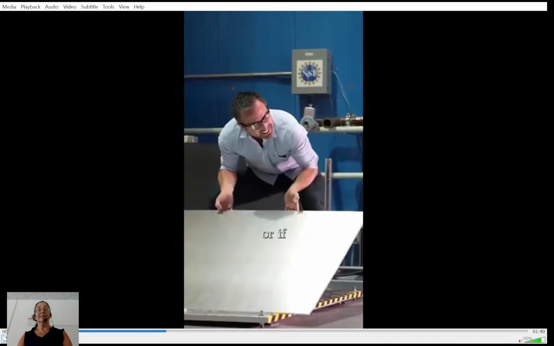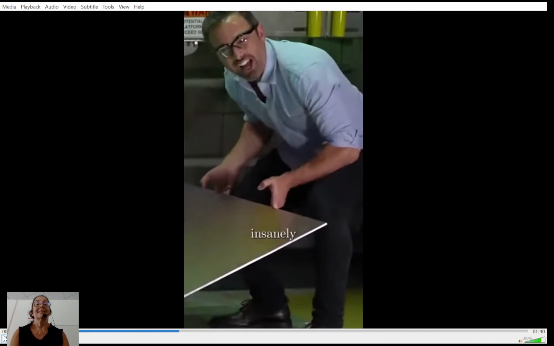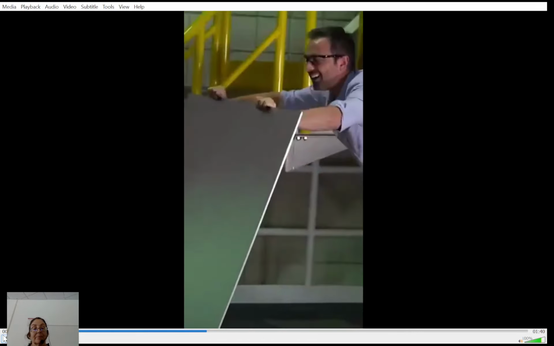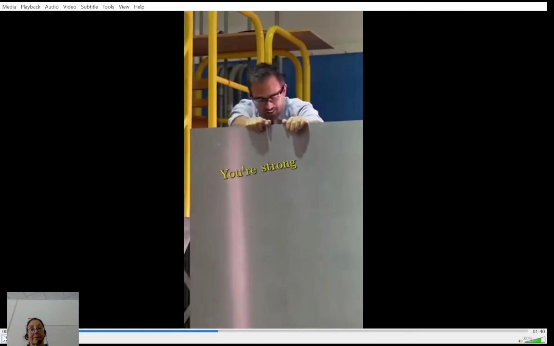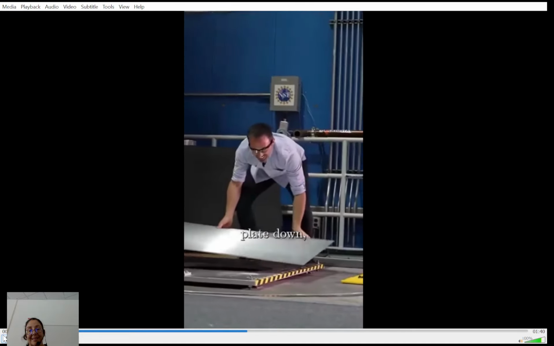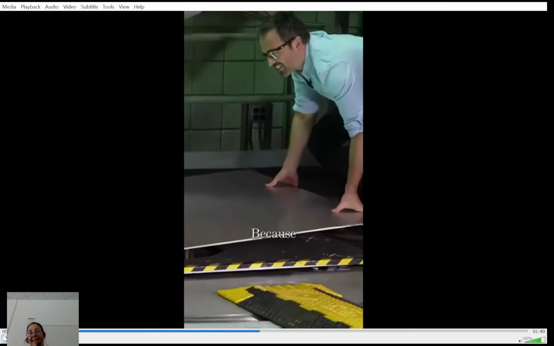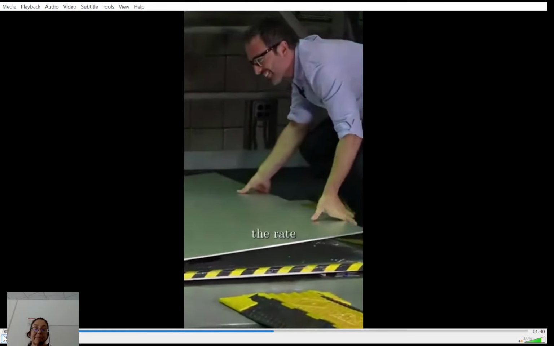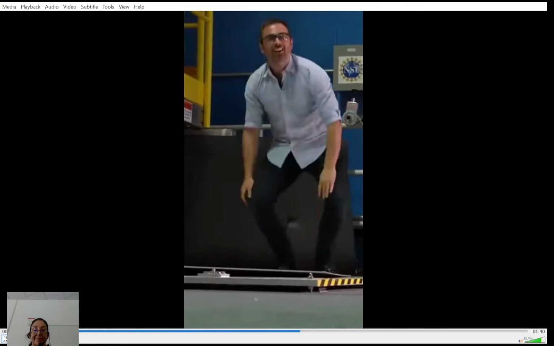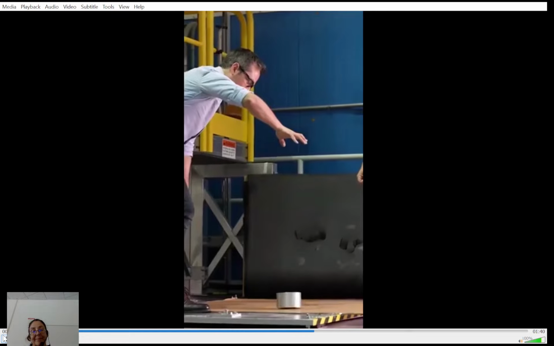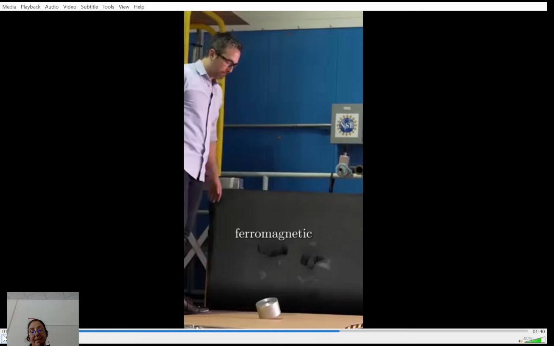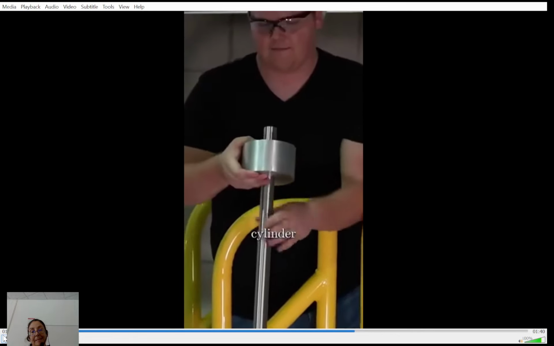They don't know if I'm weak or if this is actually insanely difficult. Oh my goodness. You're strong like bull. No matter how hard I tried to push the plate down, it just wouldn't go very fast. Because even if I could speed it up a little bit, that would increase the rate of change of flux, and hence the induced currents and their associated magnetic field. That is ridiculous. We tried a number of other conductive but non-ferromagnetic objects around the magnet, like this thick cylinder of aluminum.